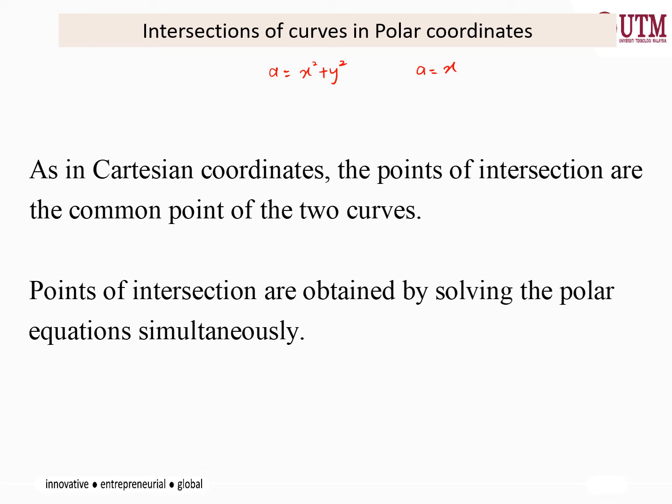So here we have a circle, and also we have a line. We want to find the point of intersection, where we just have to solve these simultaneously, so it will be x squared plus y squared equals x. Solving this, you will get the points of intersection.